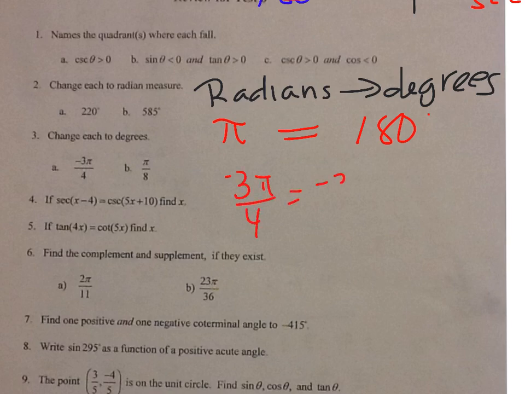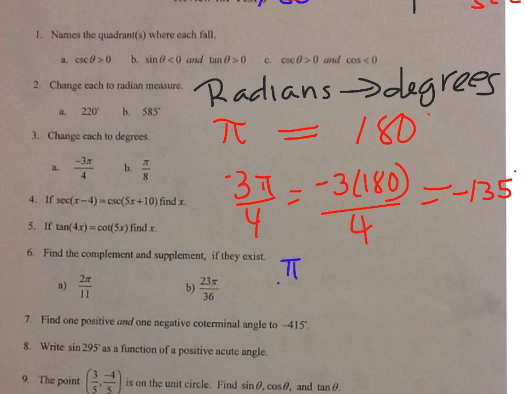Well, that's going to be negative 3 times 180 divided by 4. And then you plug that into your calculator and you get negative 135 degrees. Let's look at B. Pi over 8. So that's 180 divided by 8, which is 22.5 degrees.